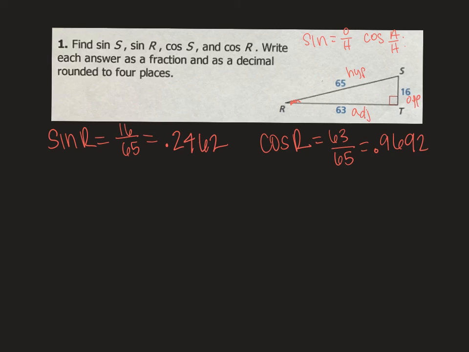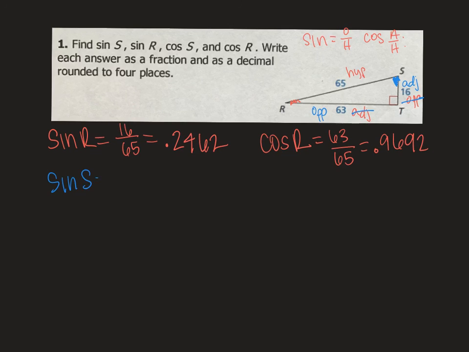So now we're going to look at angle S. From angle S, our hypotenuse is still our hypotenuse, but that 63 becomes our opposite side, and that 16 becomes our adjacent side.